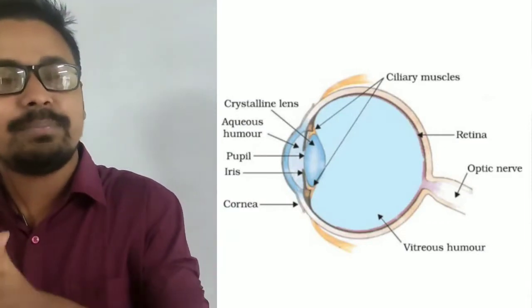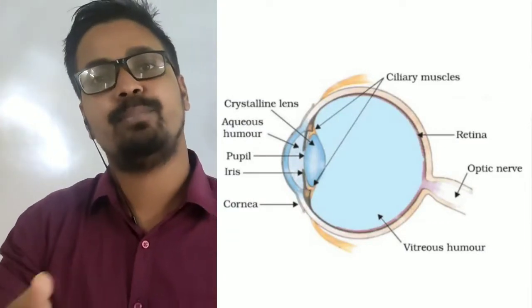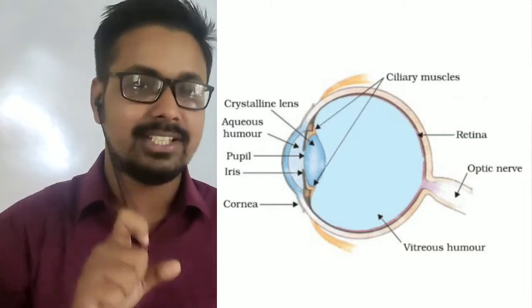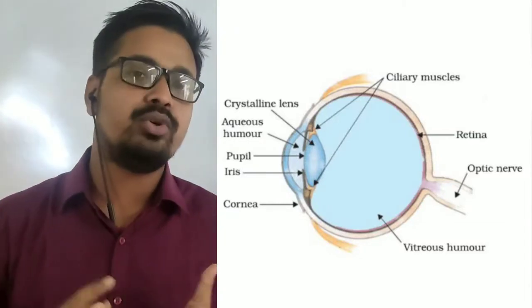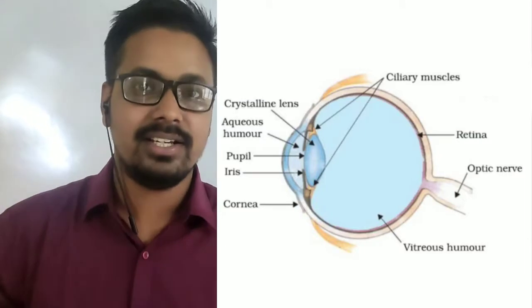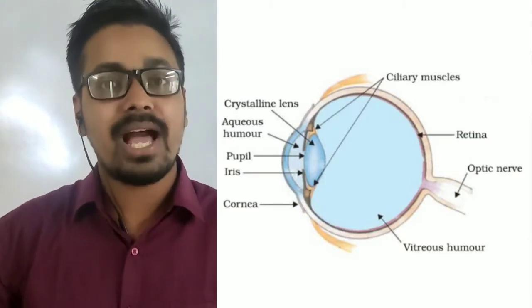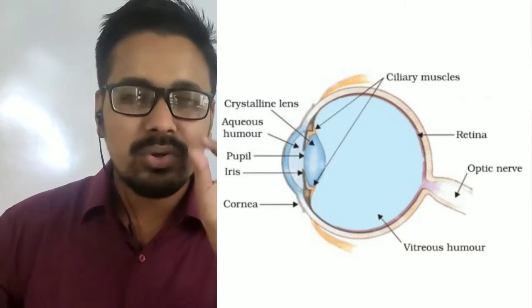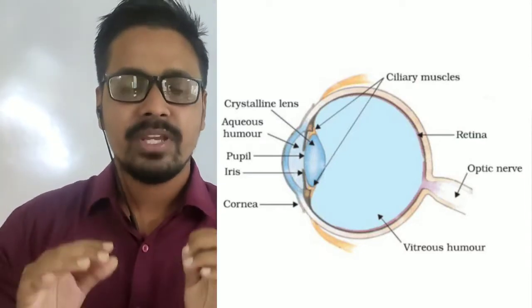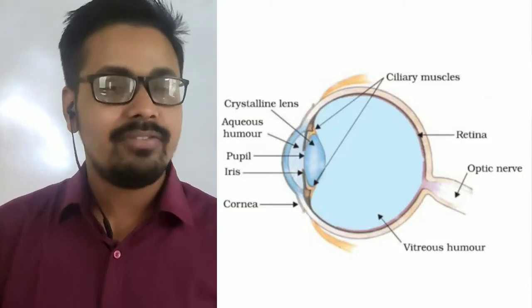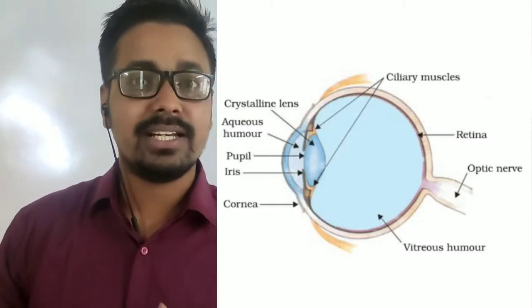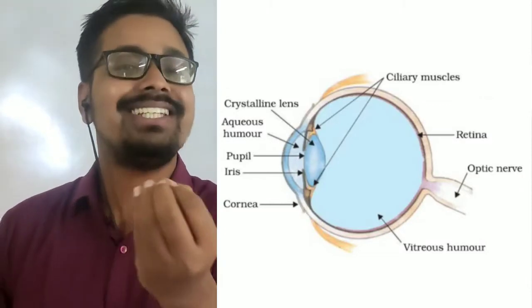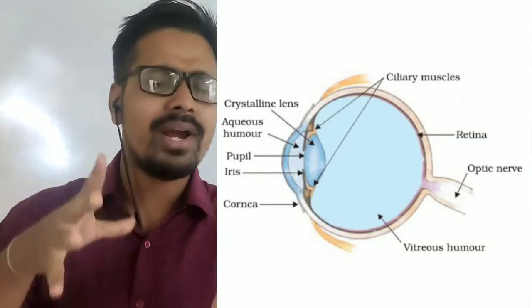Now, when does the pupil get larger and when does it get smaller? That is the question. Suppose you are in a room that is heavily lit. There is a high amount of light. In that case, you will try to close your eyes a little bit so that you can see things properly. If you open your eyes completely, because of too much light, you cannot see everything properly. Why does that happen?